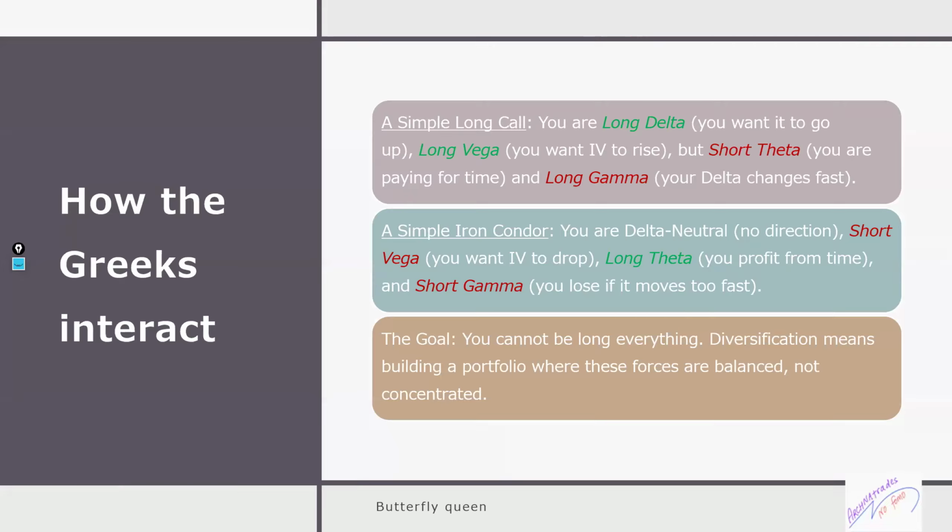So how does that work? If you have bought a 50 delta call and the stock goes up $1, your option will increase 50 cents, right? But then your gamma, say 0.002 to make it easier, means your delta is now 52.